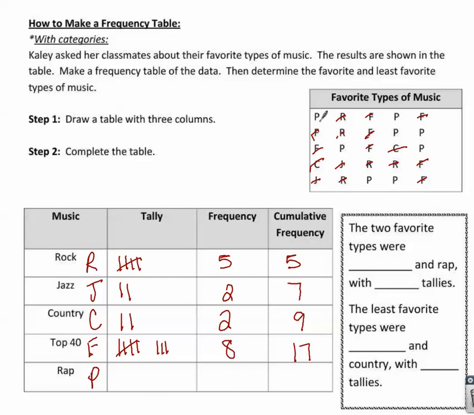Looking at rap, I have 1, 2, 3, 4, 5, 6, 7, 8. 17 plus 8 is 25. So the 2 favorite types were top 40 and rap, with a total of 8 tallies each.